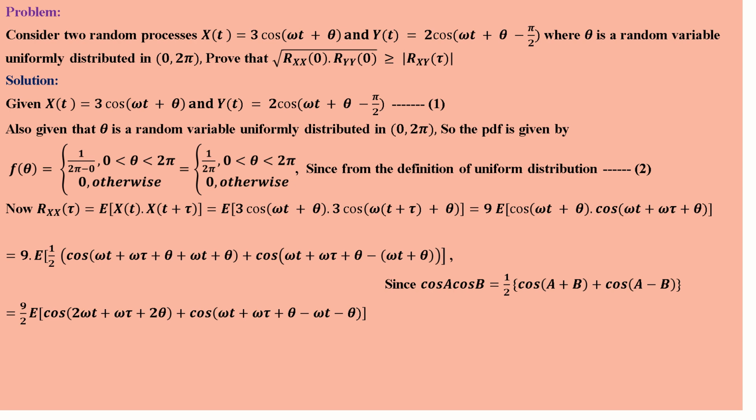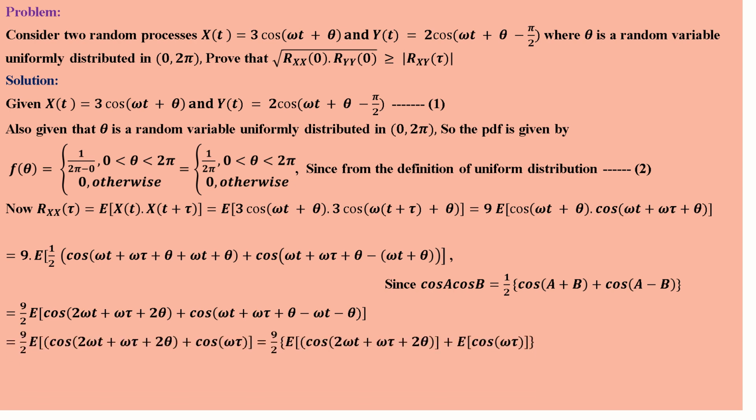The second term, cos(ωt + ωτ + θ minus ωt minus θ). We are taking the minus inside, θ and θ get cancelled. So 9 by 2, expected value of cos(2ωt + ωτ + 2θ) plus cos ωτ, because θ minus θ gets cancelled, ωt minus ωt gets cancelled.